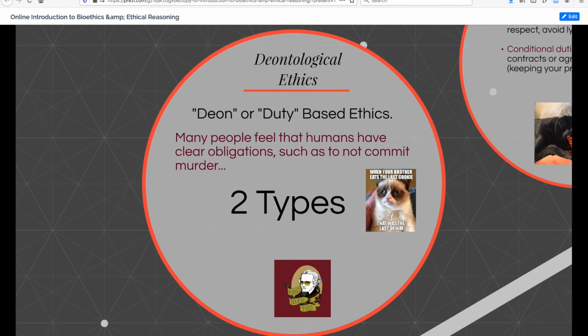All right, so let's unpack these. Deontological ethics, and we'll be looking at specific ones throughout the semester, are duty-based ethics. And many people feel that humans have clear obligations to other humans and to animals, such as not to commit murder, not to, say, for my brother, steal my bike, etc., not to take the last piece of cake, especially if you were not the one who baked it, right?